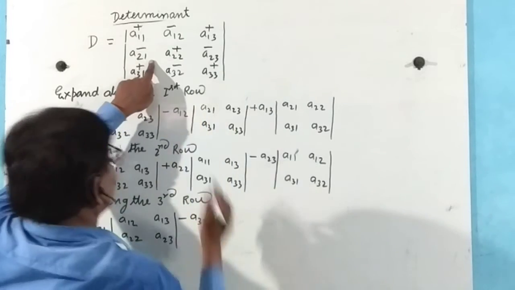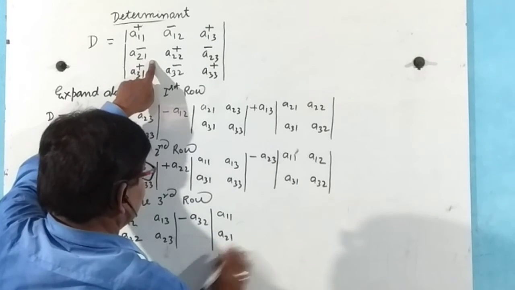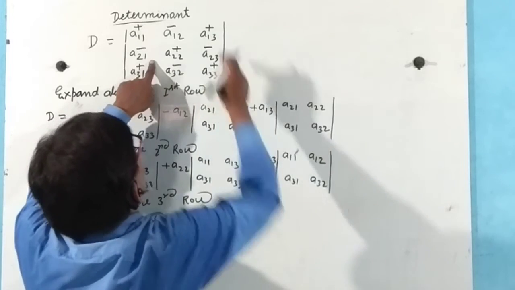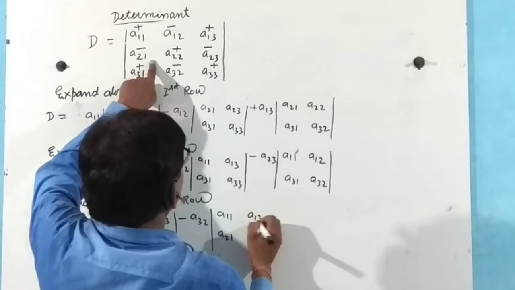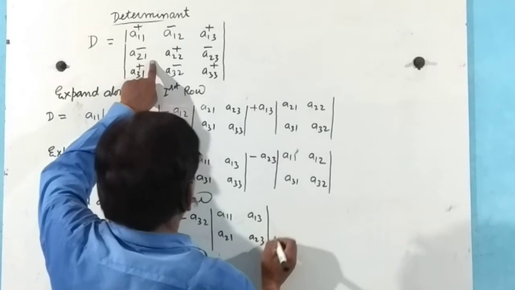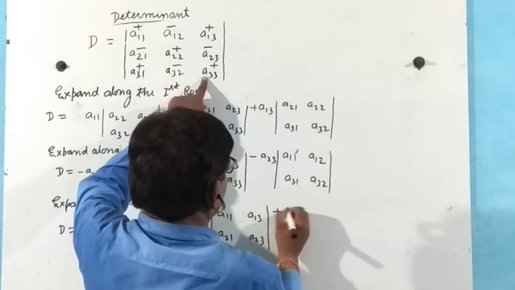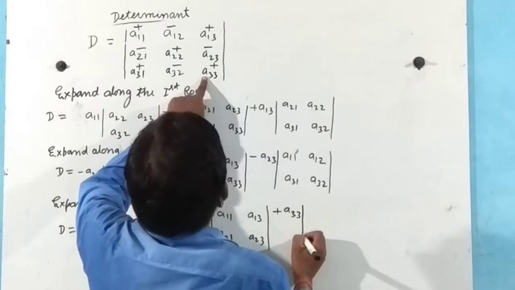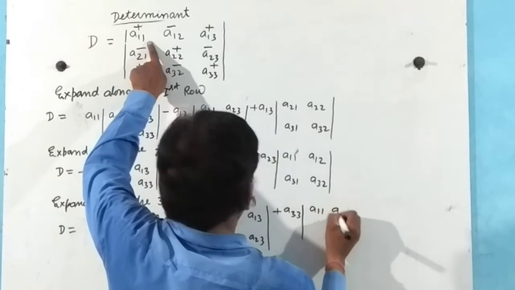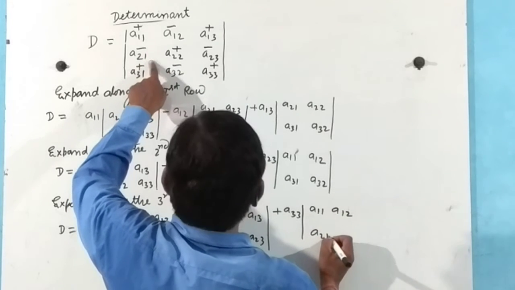Now A11, A21, deleting this and this, A13 and A23, and after that this plus A33 deleting this and this A11, A12 and A21 and A22.